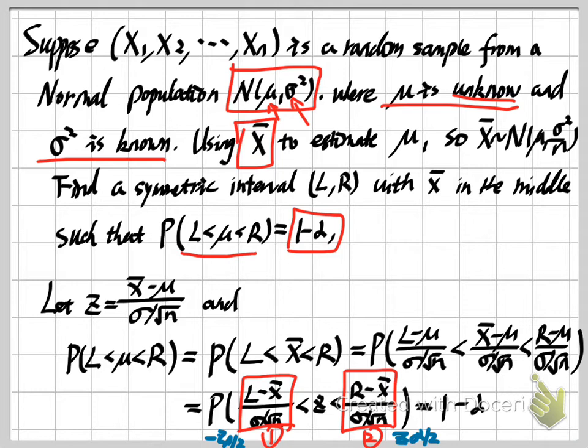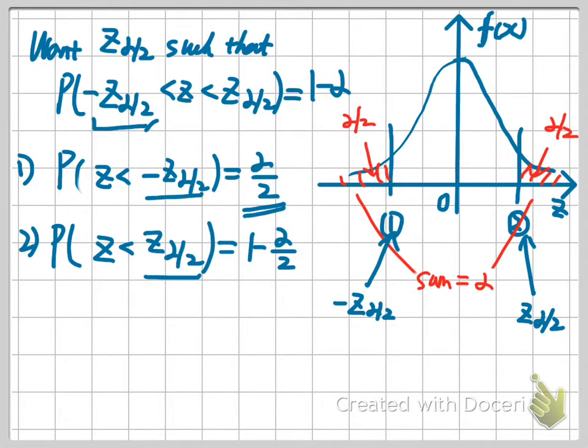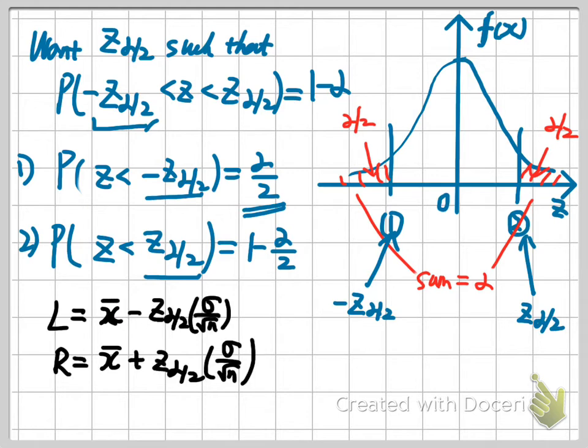So now we know these two values, but what we want is this capital L and capital R. So we have the equation that the left endpoint is equal to x bar minus z alpha over 2 times the value of our standard deviation term. And the right endpoint has the same two terms, it's just that here we have a plus for the second term.